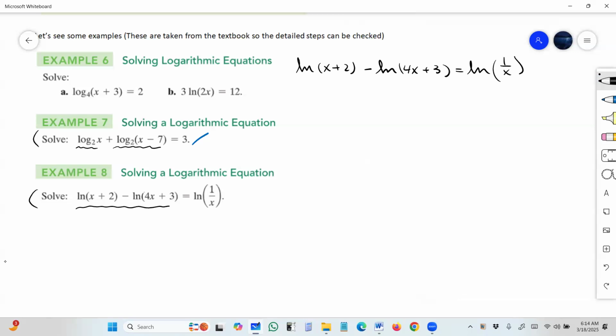We have two logs on the left side and a log on the right side. So on this side here, I have to condense the logs. But now I have a minus, so we condense it into a quotient.